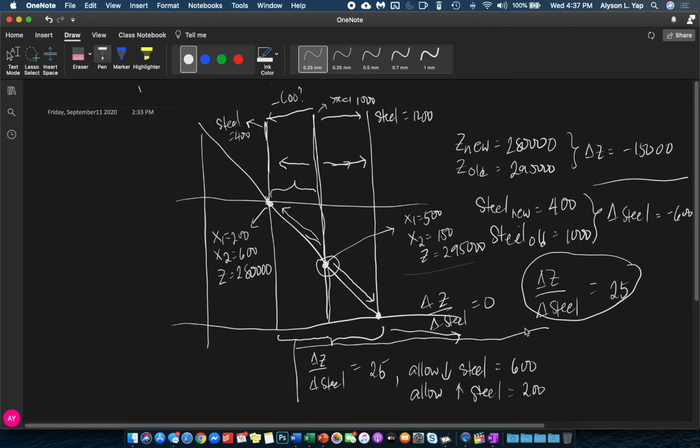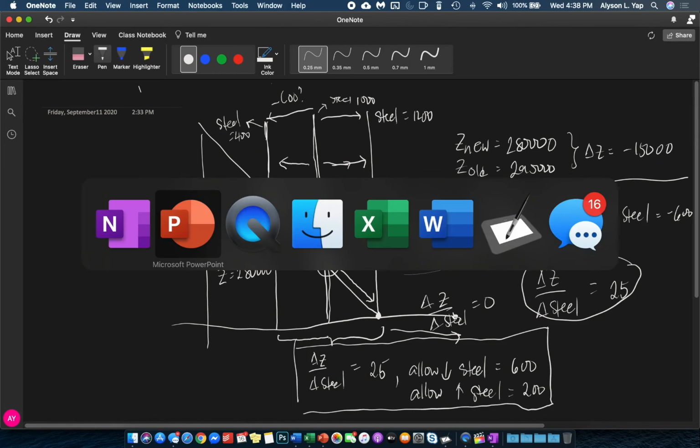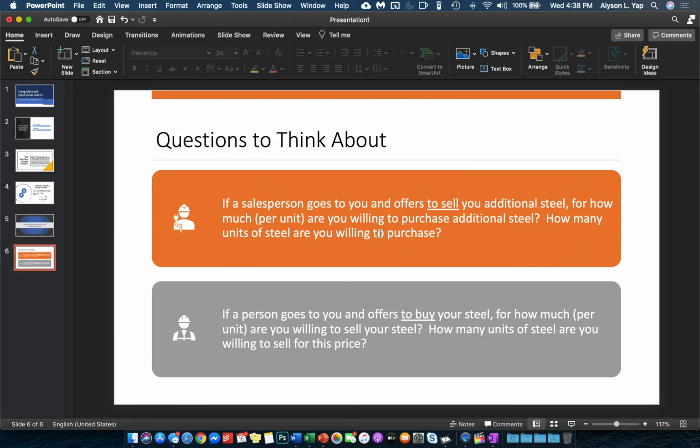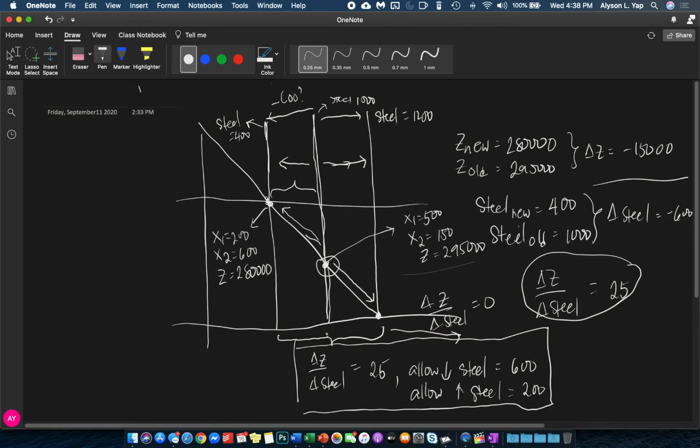And therefore, given this output, we are now able to answer the two questions we posted a while ago. Again, reading the two questions. If a salesperson goes to you and offers to sell you additional steel, for how much per unit are you willing to purchase additional steel, and how many units are you willing to purchase? So in this case, you are willing to purchase additional steel if additional steel will only cost you at most or at a maximum 25.